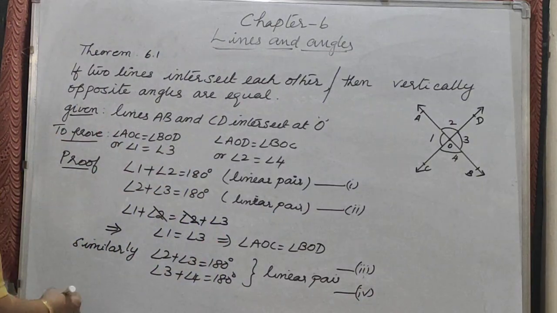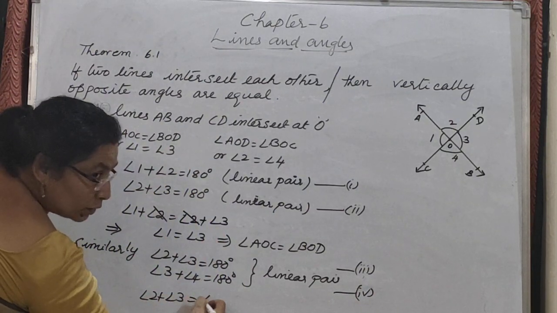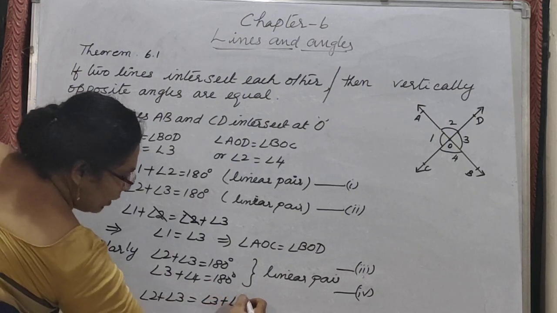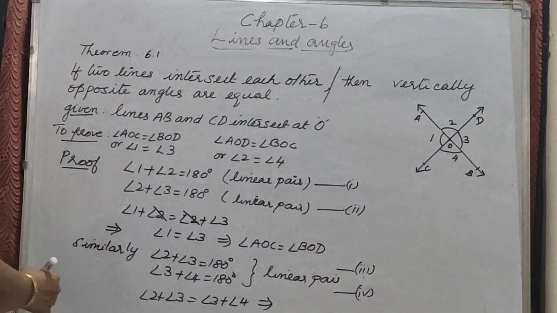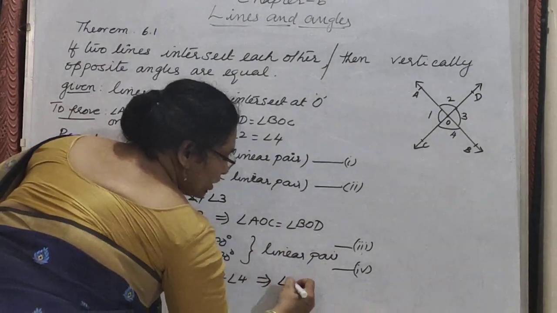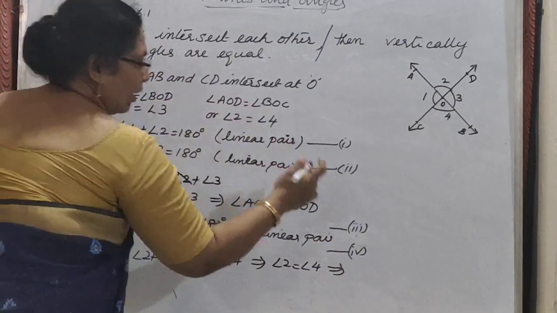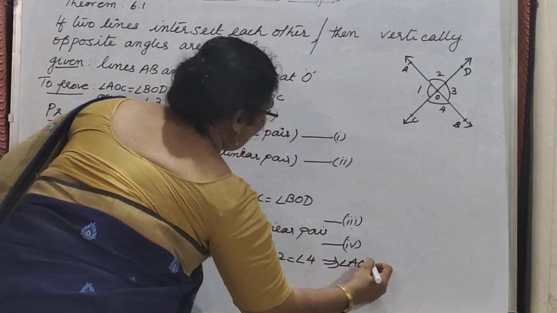Using 3 and 4, what we can write? Angle 2 plus 3 equal to angle 3 plus 4. This implies angle 3 will get cancelled and angle 2 is equal to angle 4, or we can write angle AOD equal to angle BOC.